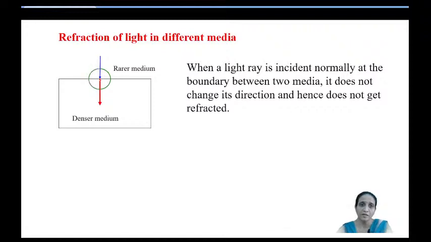Got it, children? Please remember this point also. This is a very important point. I will repeat it again. When a light ray is incident normally at the border between two media, it does not change its direction and hence does not get refracted. Got it?